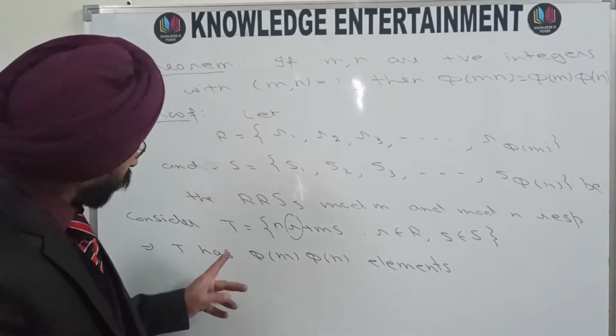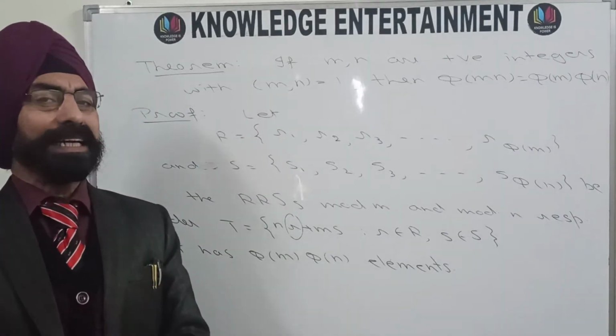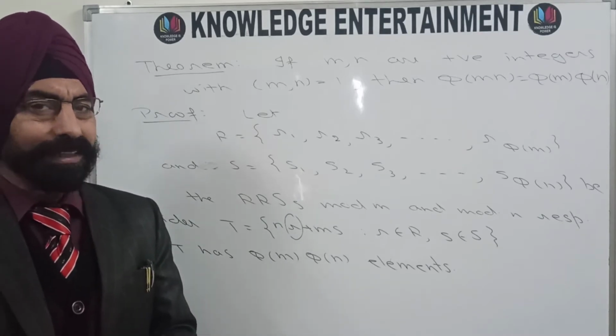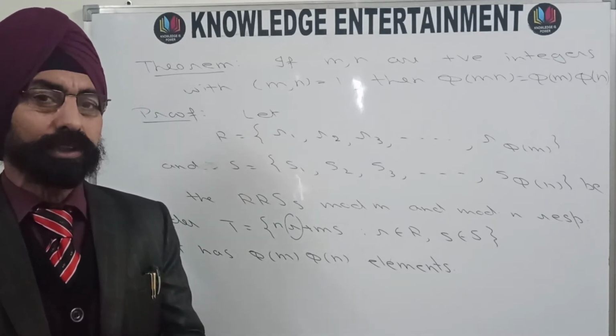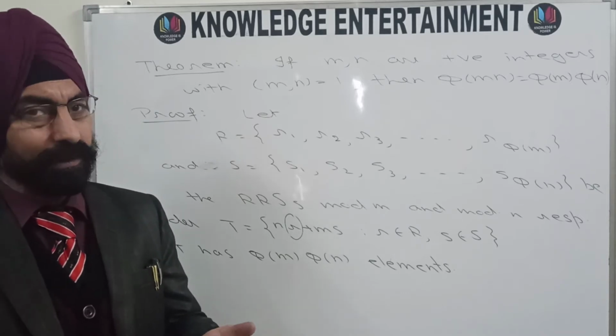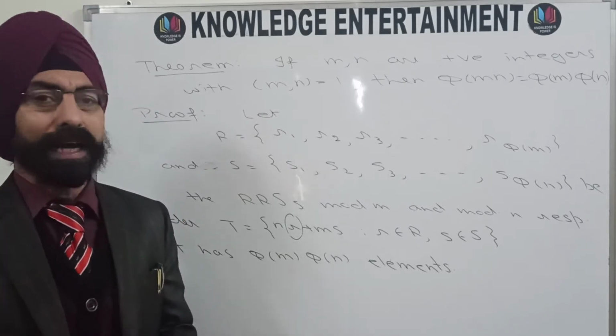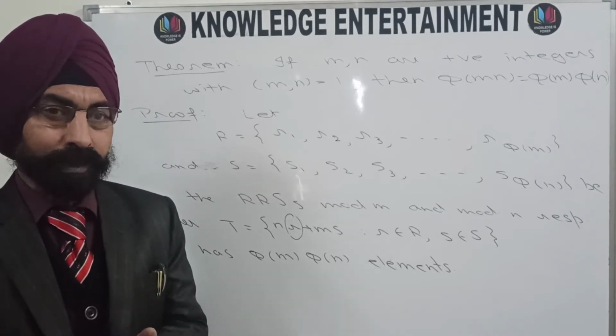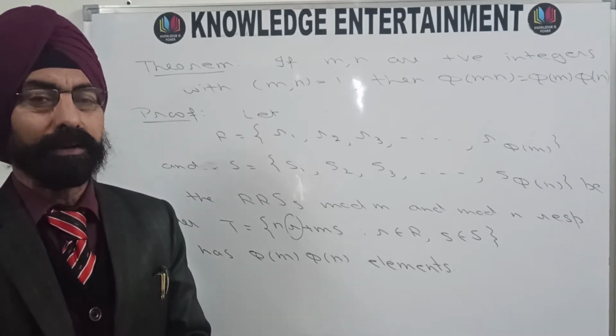Now, if I show that T is a reduced residue system modulo mn, then you know that reduced residue system modulo m, how many members are there? Phi m. Reduced residue system modulo n, how many members are there? Phi n. Reduced residue system modulo mn, how many members should be there? Phi mn.